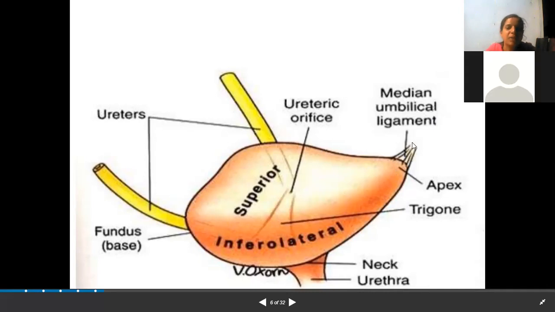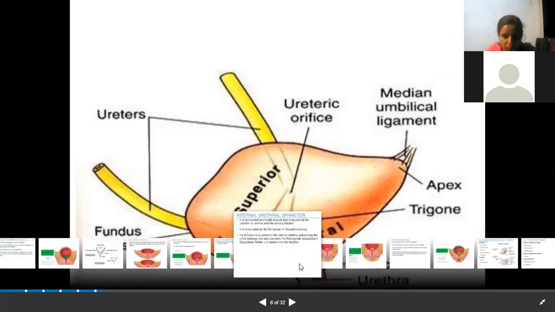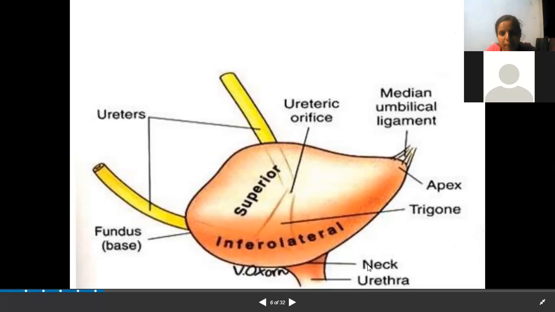We are seeing it from the other side, but that's it. Apex of the urinary bladder. What is this area, the most dependent part? Neck. In males, what do we have in the neck? Prostate gland. Okay. So you are seeing one superior surface and two inferolateral surfaces. Behind, I said, is the posterior surface, also called the base.